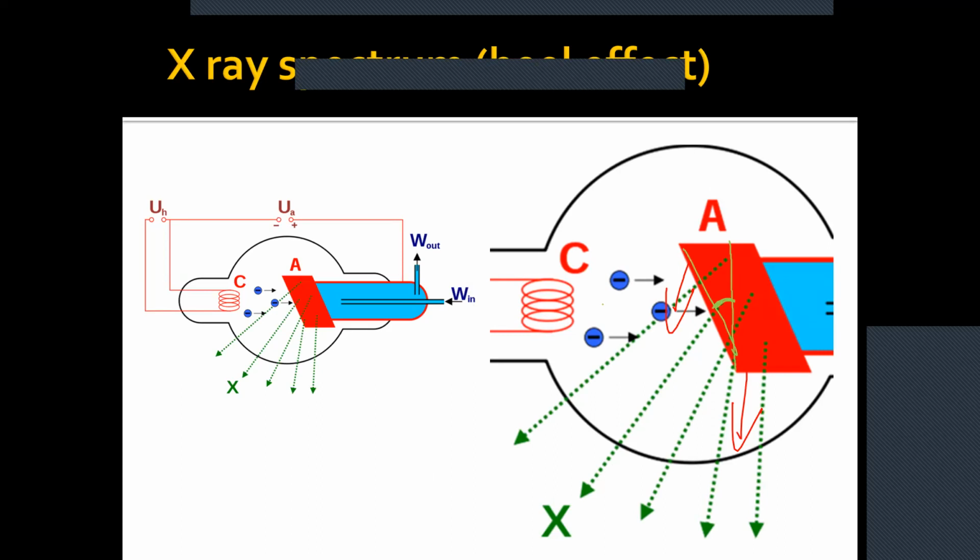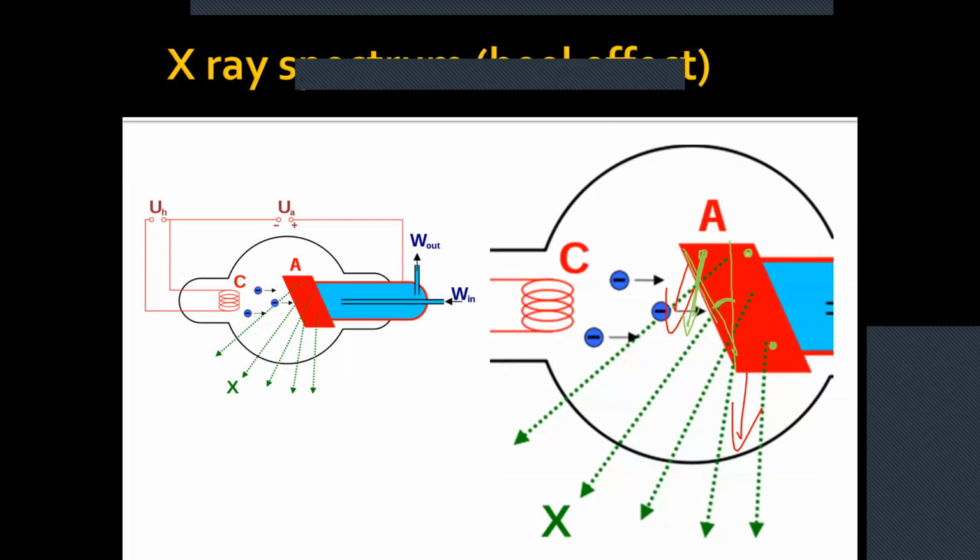Now remember, when you hit the anode with electrons, all of the anode is going to produce X-rays. It's not just this surface. So you're going to get X-rays produced here, you're going to get X-rays produced here, you're going to get X-rays produced here. Okay? So for X-rays produced here, there's very little material that they need to pass through before they leave the anode and go into the patient and then the detector. And because there's less material, these X-rays are going to have a lot more energy left over.